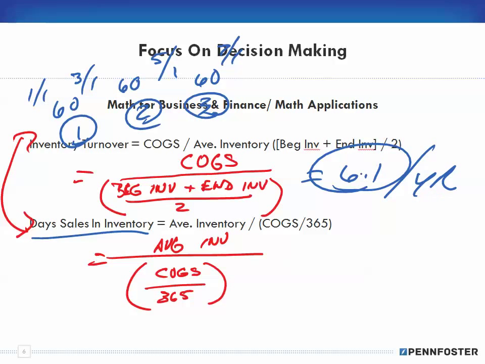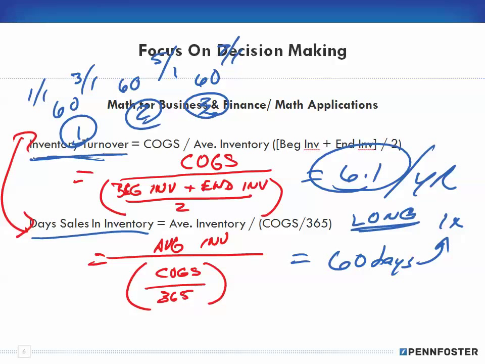Well, if I want to know how long in time it takes me to turn the inventory over one time, I use the days sales in inventory ratio formula. And when I calculate that out, it tells me that it takes 60 days for me to turn over my inventory one time. And I turn it over 6 times in the year. Okay, and that's where we use the inventory turnover.